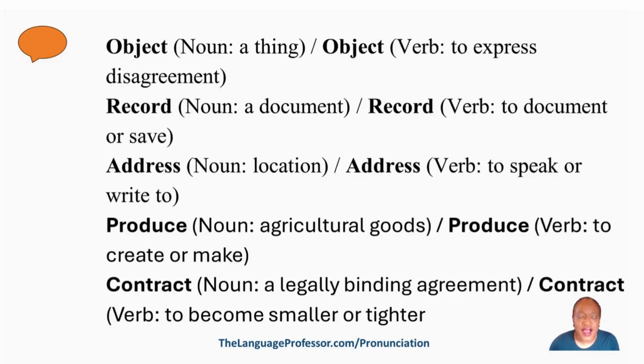We have here object, object, record, record, address, address, produce, produce, contract, contract. And it changes the meaning totally, depending on how you stress. If you stress the beginning, it's a noun. If you stress the end part, it's going to be a verb.